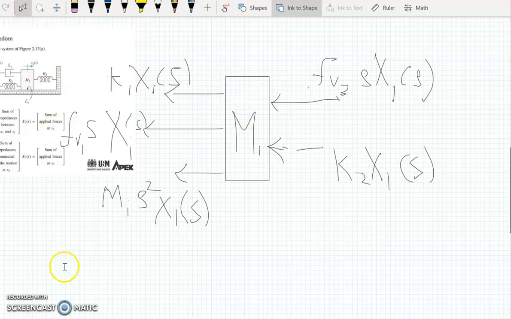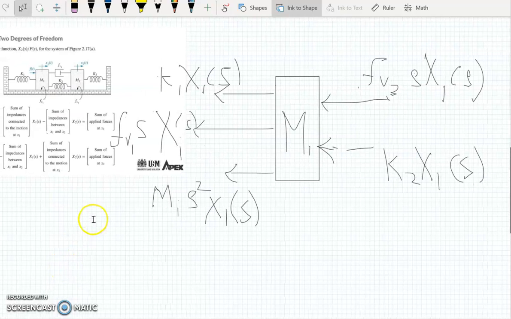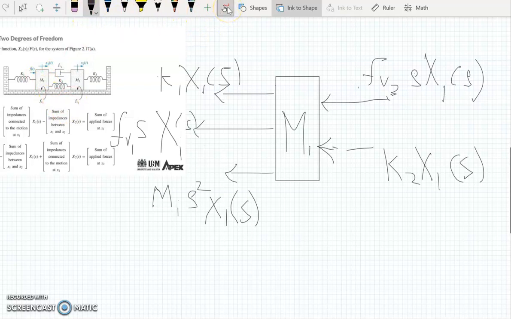You have to include the input, which is f(t). Because I transform it into Laplace, it's F(s), in that direction.